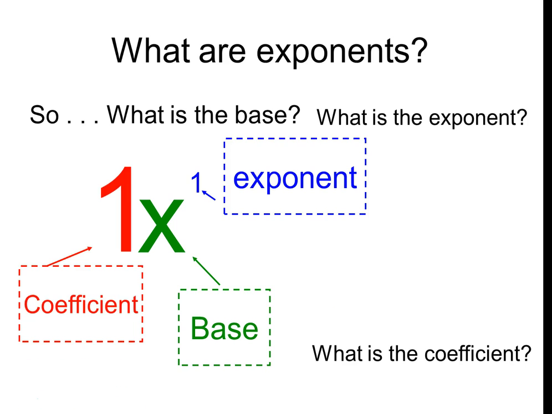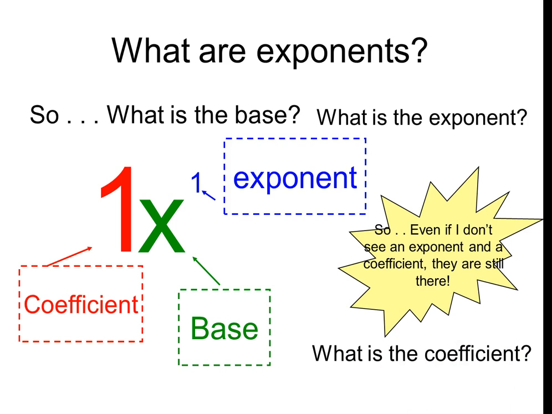It does. It's a 1. Remember how we don't write them, but we are supposed to know that they are there. So there's 3 things here I need you to understand. If an x is just sitting there, it can be a base, and that base has an exponent of 1. Now that right there is going to help you so much if you will always remember it has an exponent. So even if I don't see it, it still has an exponent and a coefficient.